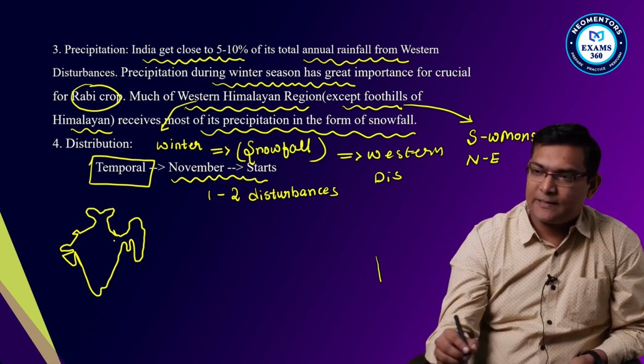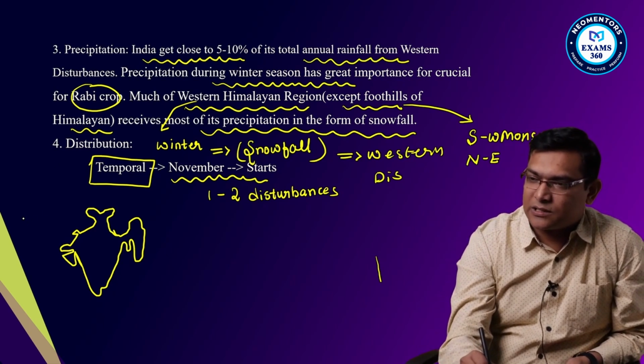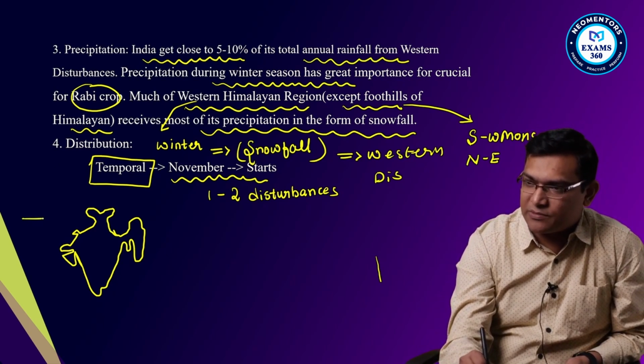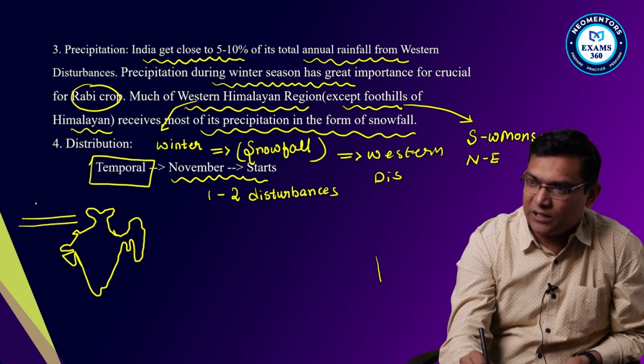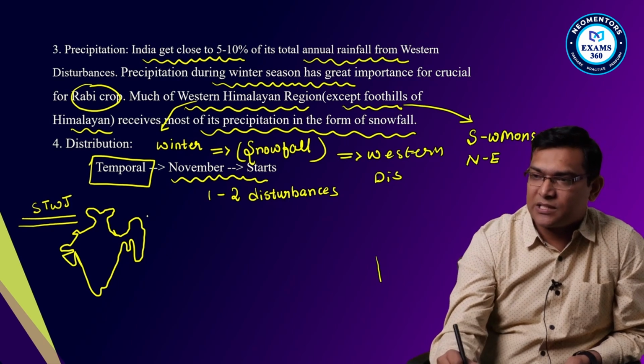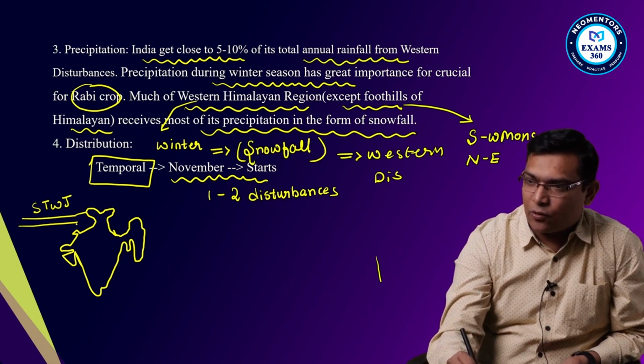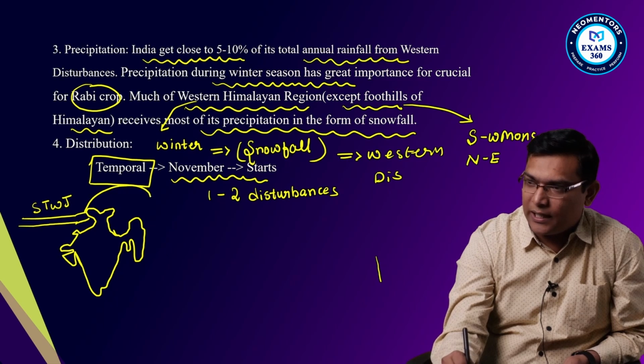So what will happen? Generally, the subtropical westerly jet streams drag and collide with the Himalayas. The northern part will go and reach the northern branch.